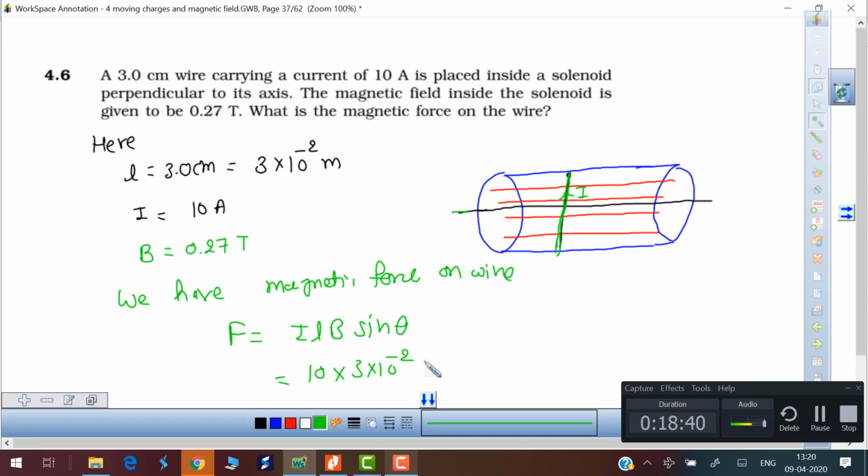This is your axis, and angle is 90 degree, as you can see, because this is perpendicular to the axis. Magnetic field is parallel to the axis, and wire is perpendicular to the axis. So naturally this angle between B and I is 90 degree. So this is sine 90.